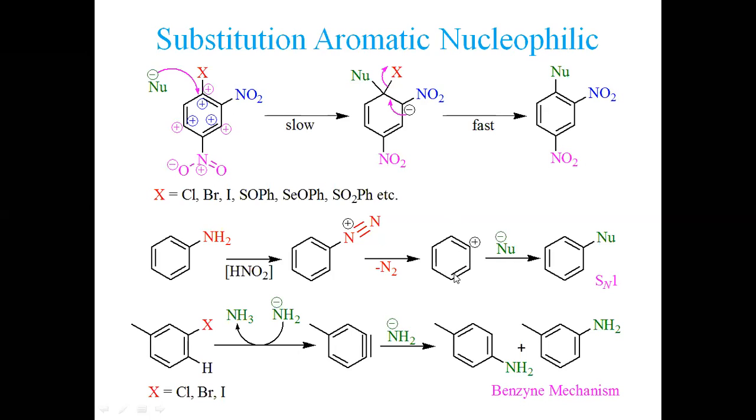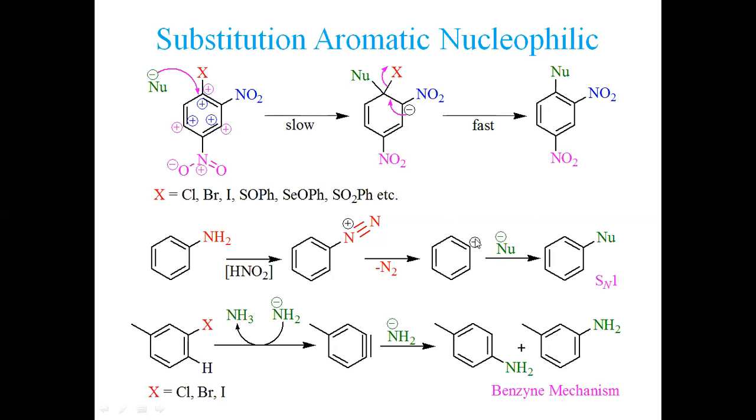This is stepwise, very similar to the earlier one. The first step is slow, the second step is fast, because it is a reaction between two opposite ions, negative and positive. So this is an SN1 mechanism, just like we have seen the SE1 mechanism. In SE1 we had a carbanion generated, but here in SN1 a positive charge is generated.